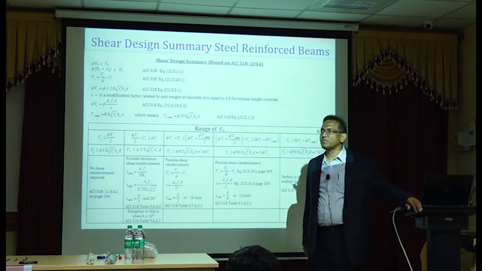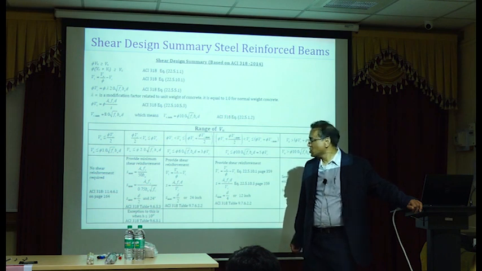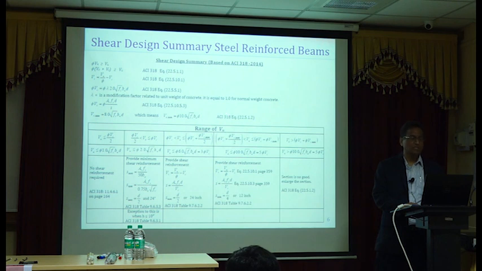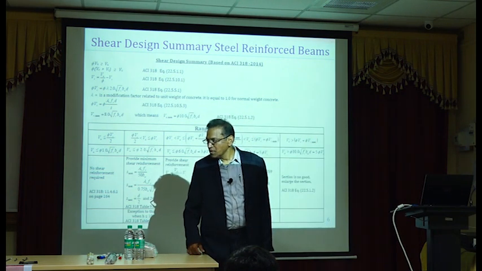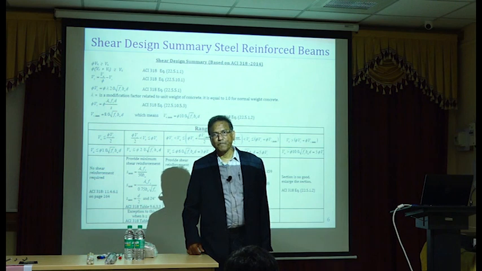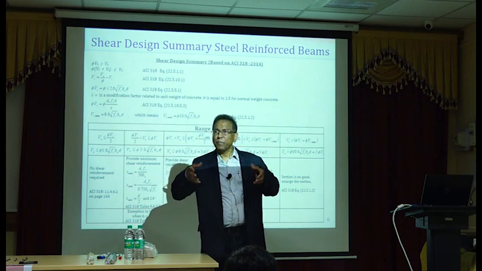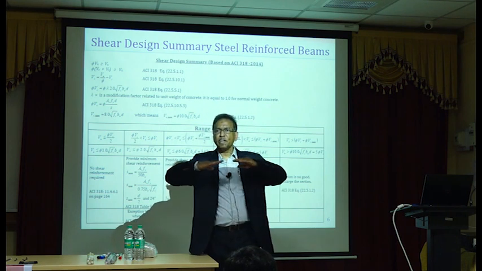Because shear reinforcement will give you ductility in any beam, it's always good to add more shear reinforcement than the design requires. Always very helpful, because the probability of failure of a beam, if you design it as an under reinforced beam by bending, is practically 0, because it will keep on deflecting and deflecting.